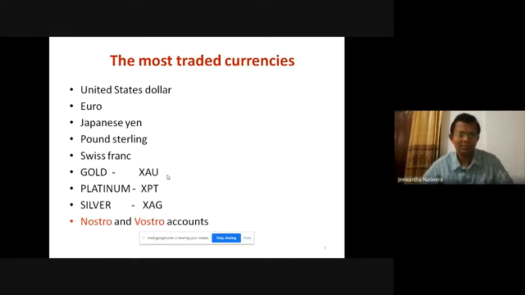There is a bank in Japan called Mitsui, or Bank of Mitsubishi. Say, for example, Toyota has an account in Bank of Mitsubishi.